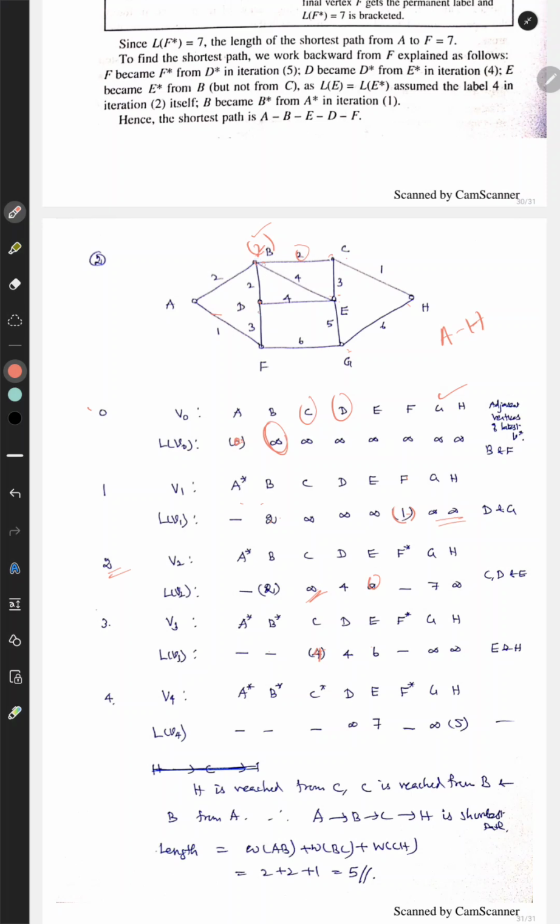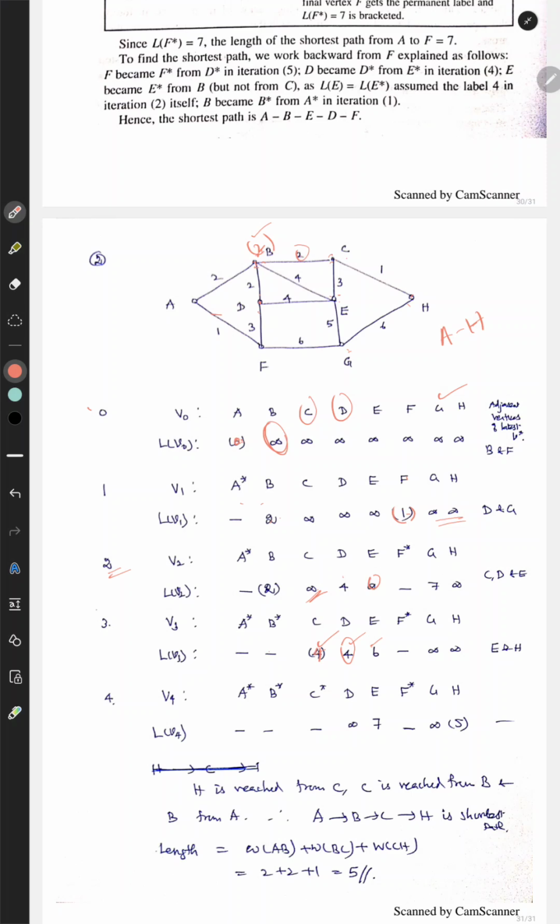B to D, it is 2 plus 2, 4, and the previous label of D is 4, now also it is 4, right? So that also we change. So B to C we gave, D we gave, E we gave. Now B is not adjacent to any of the remaining vertices, so its label stays as before, right?